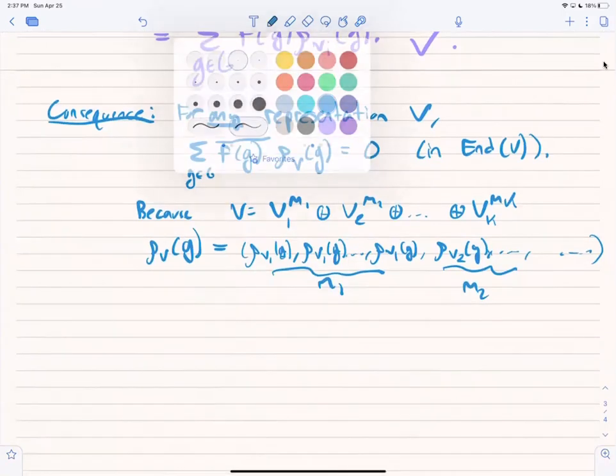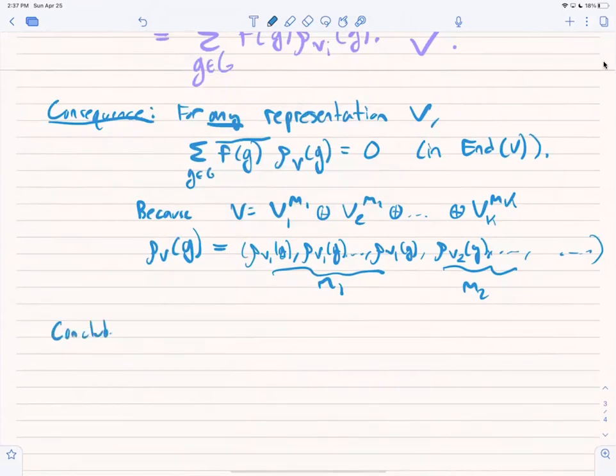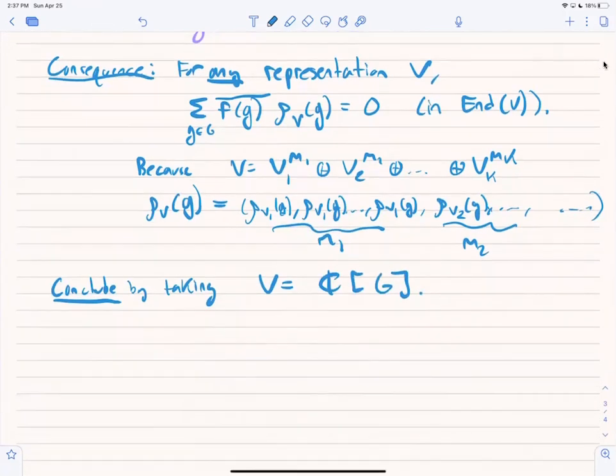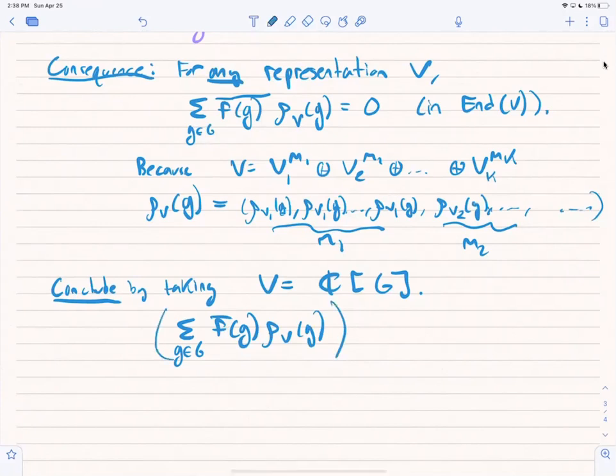So now we conclude by taking V to be the regular representation. If I look at this thing, f bar of g rho V of g, and I hit just the identity element with it, the identity element is something in the regular representation.